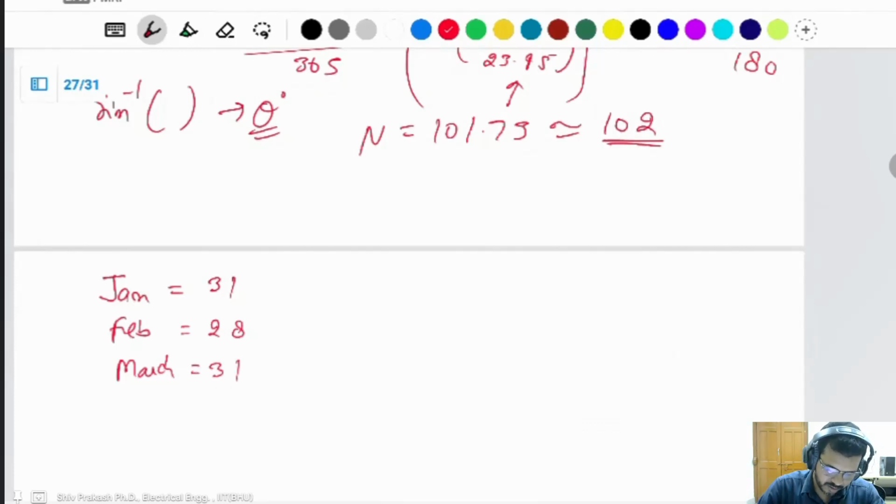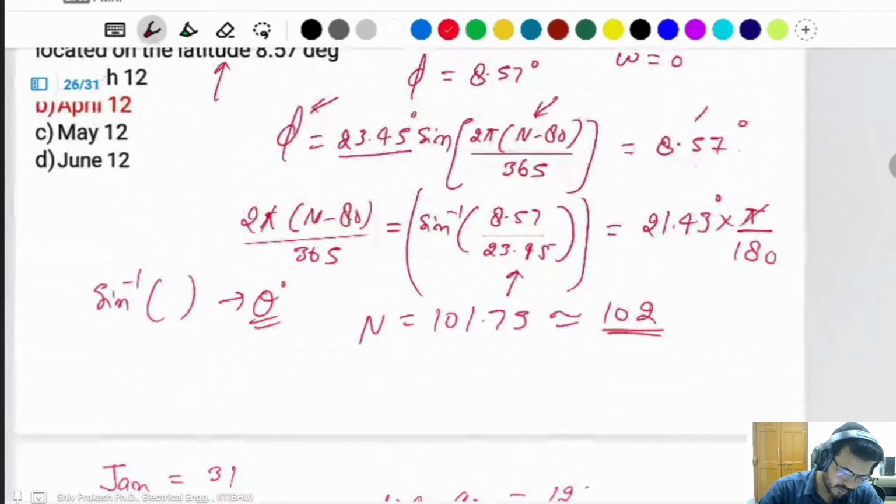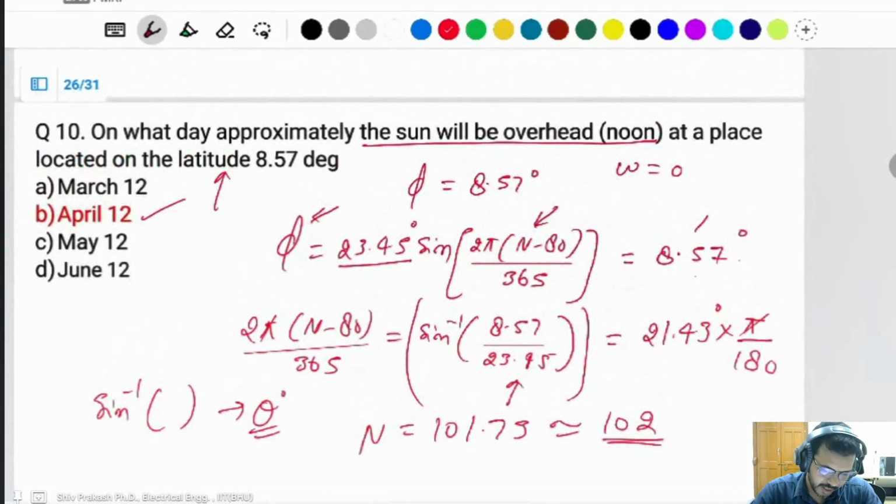How much is this? 90. The extra will be 102 minus 90, which is 12. Then it goes into April 12. So on April 12, the sun will be overhead at the place located at this latitude.